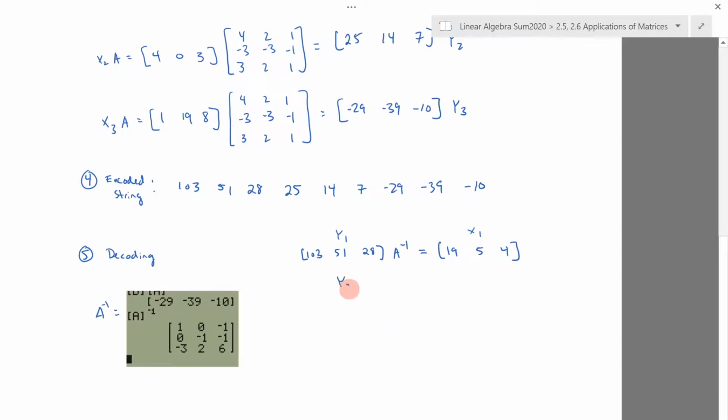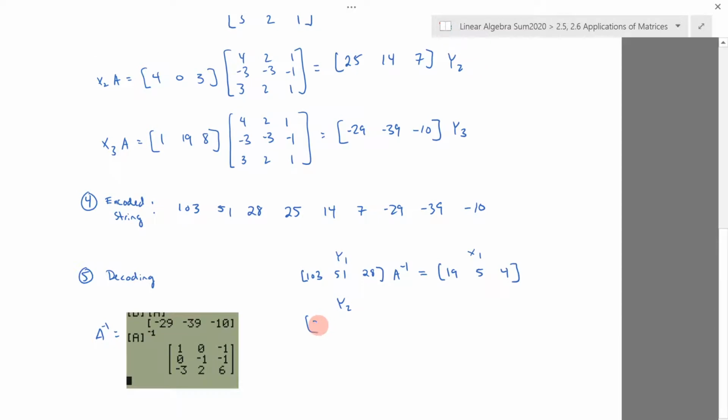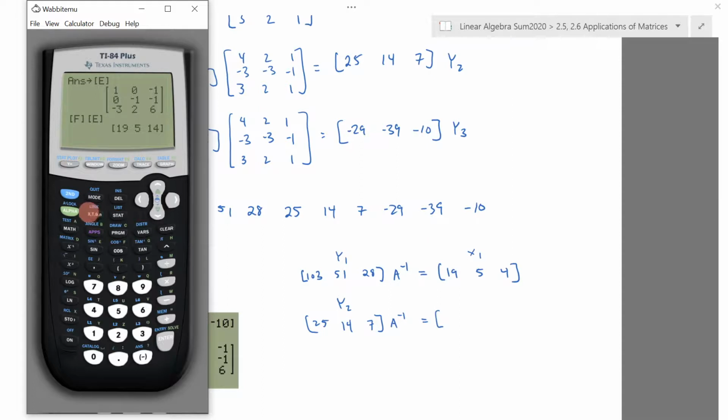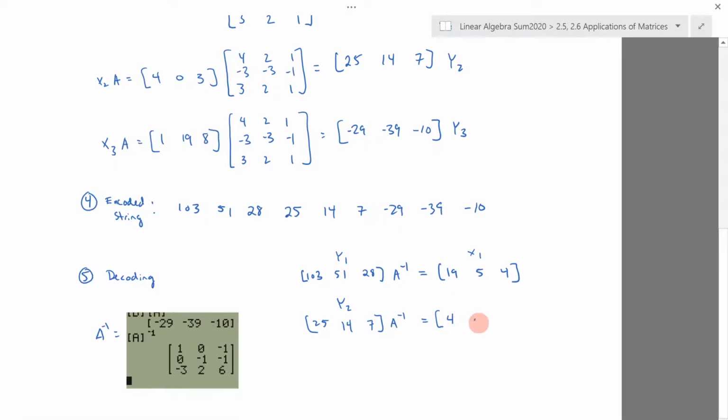And then now y2. 25, 14, and 7. Multiply on the right by A inverse. What is the result? So that was my matrix G multiplied by E. I get 4, 0, 3.